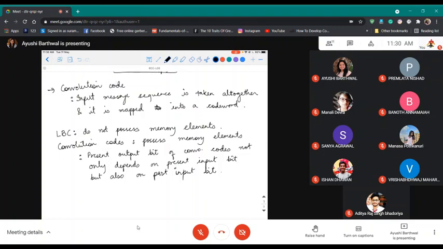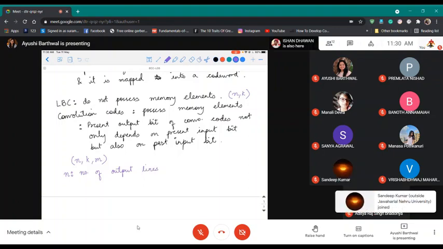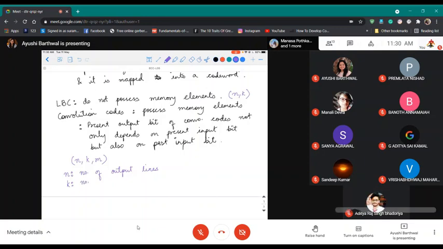Like linear block code, which we represent by the terminology n, k, the convolution codes will be represented by n, k, m, where n denotes the number of output lines, k denotes the number of input lines, and m denotes the number of memory elements.